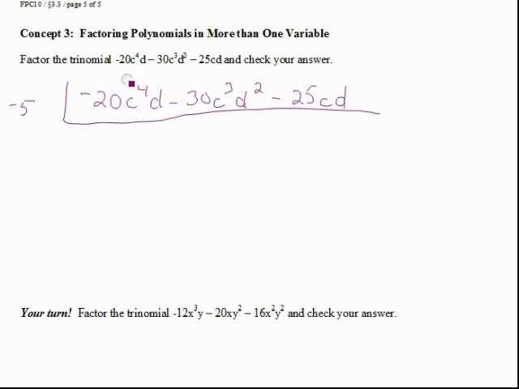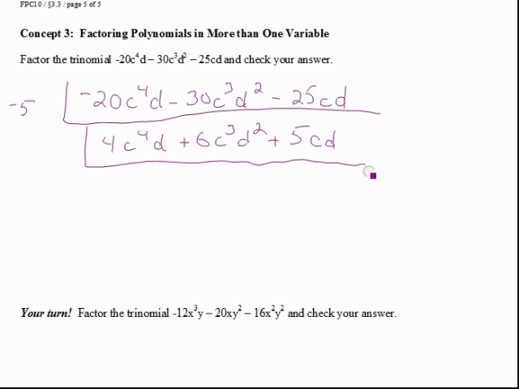Okay, so -5 is going to leave me with 4c to the 4d plus minus 30 divided by -5 is 6c cubed d squared, and then -25 divided by -5 is +5cd. And then let's look at the c's.